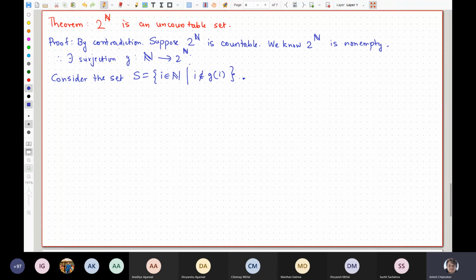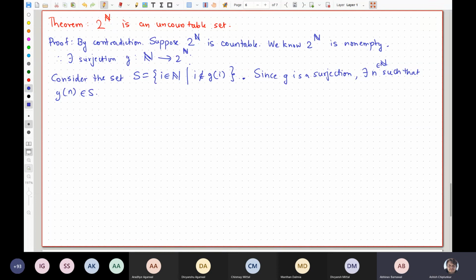So let's do it this way. Since G is a surjection, there exists some n in the set of natural numbers such that G of n is equal to S. Now here you really have a paradox.